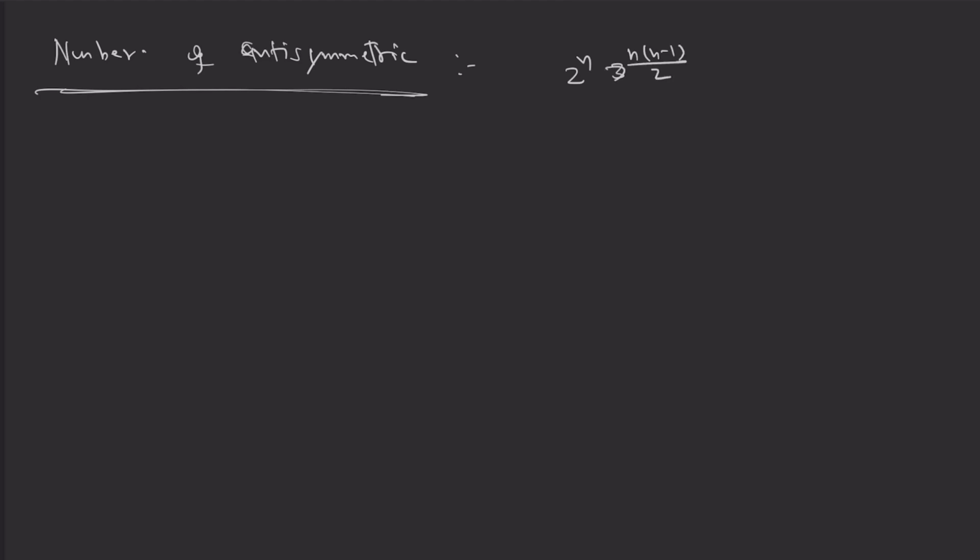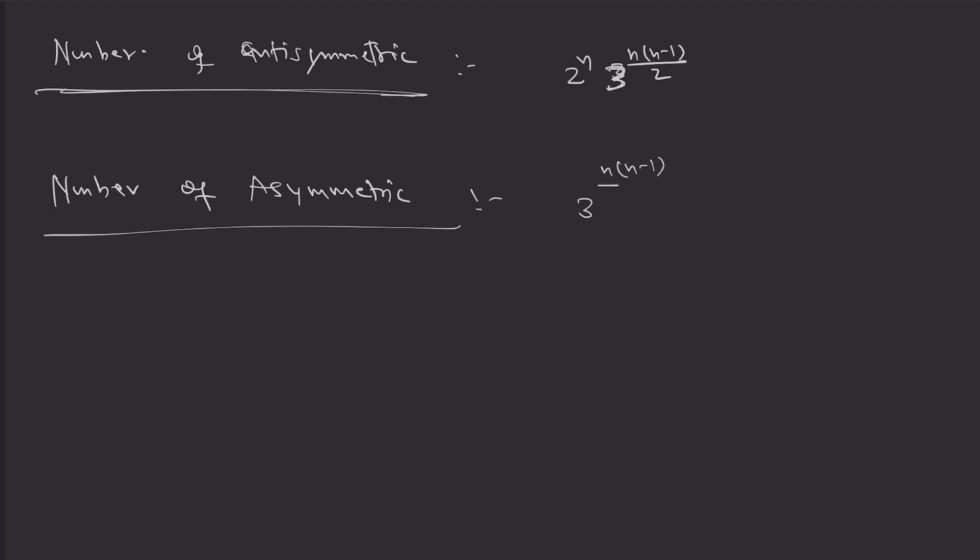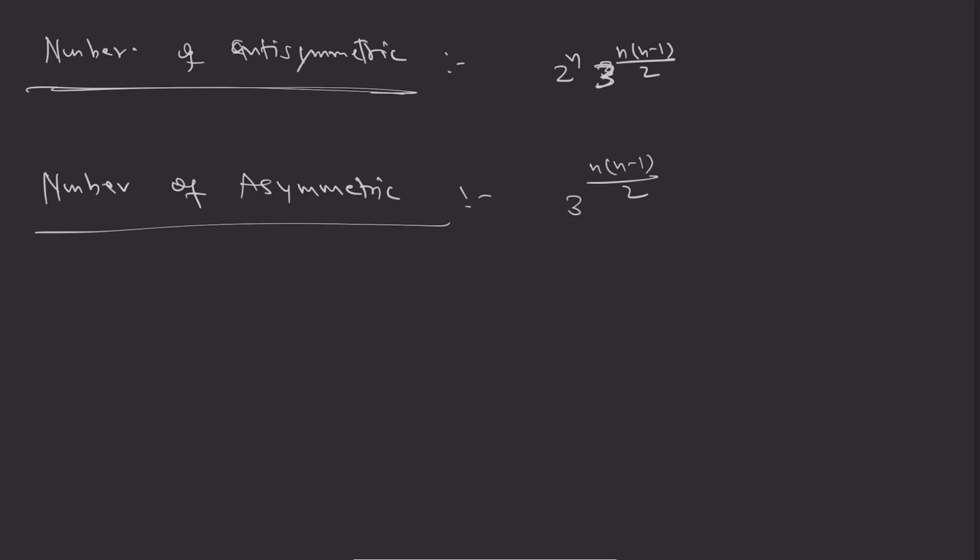And the number of asymmetric relations will be 3 to the power n into n minus 1 upon 2. Number of irreflexive relations will be 2 to the power n into n minus 1.